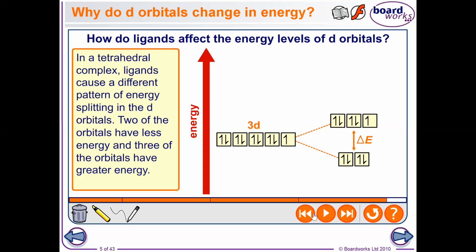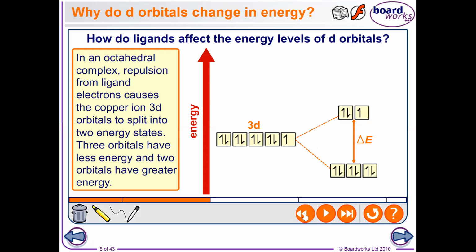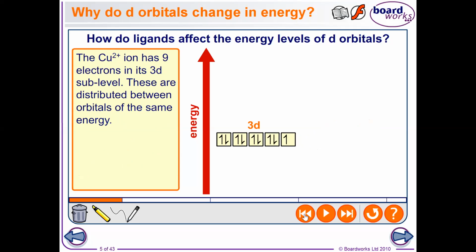So let's start again. Now what we're talking about is why the orbitals change in energy. This change in energy also causes the change in color of the different ligand complexes. Let's say we have a copper 2 plus ion.